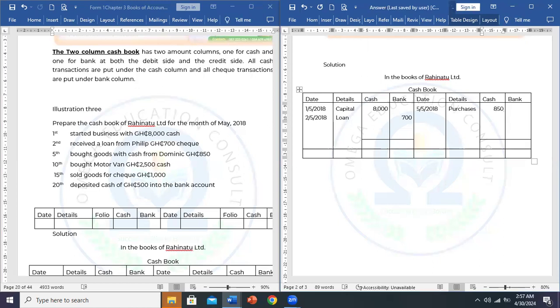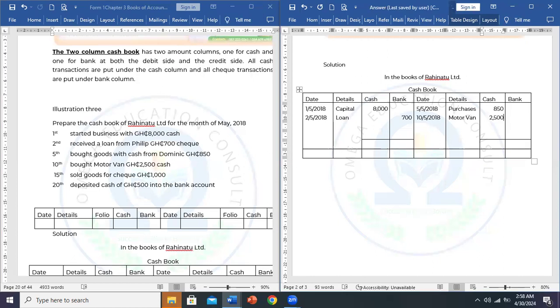Then on the 10th, bought motor van, 2,500 cash. So another payment. 10th May 2018, we bought motor van, 2,500.